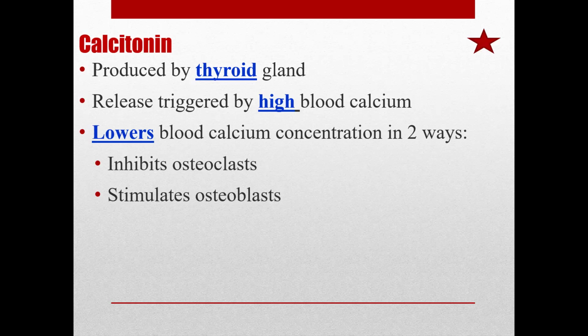Here's where it's relevant. You've got to know what each of these do. And what would it be triggered by? High blood calcium. If the job is to lower it, it's triggered by high blood calcium. That's all your negative feedback again.